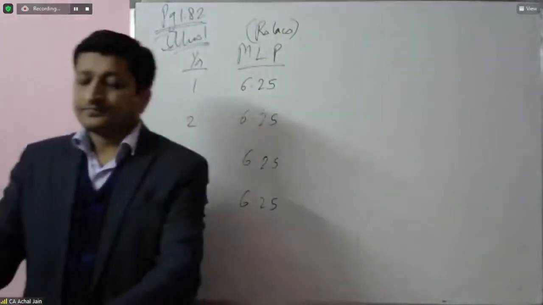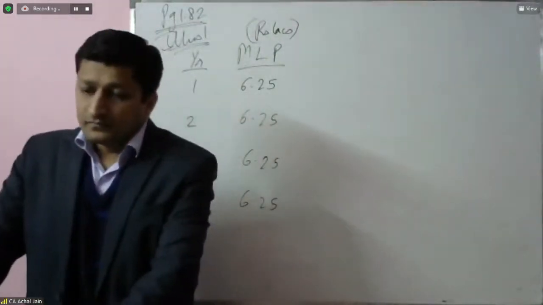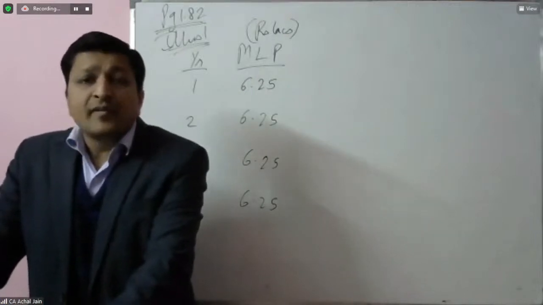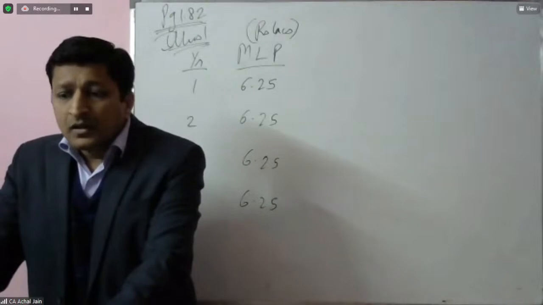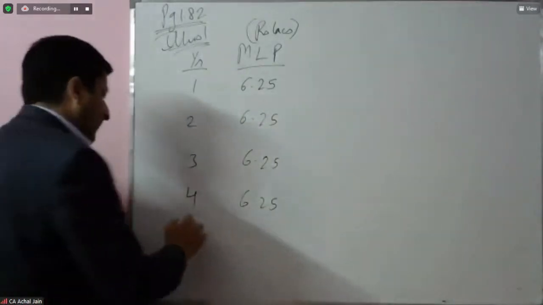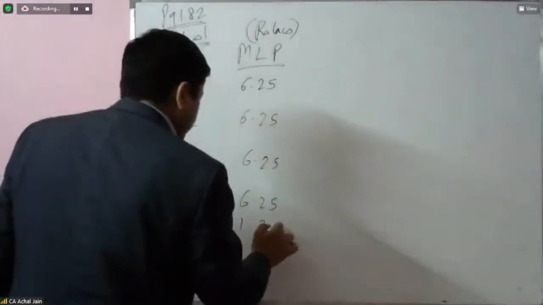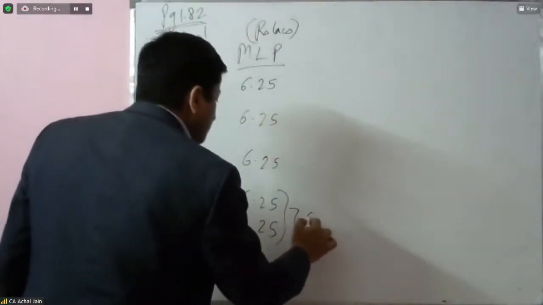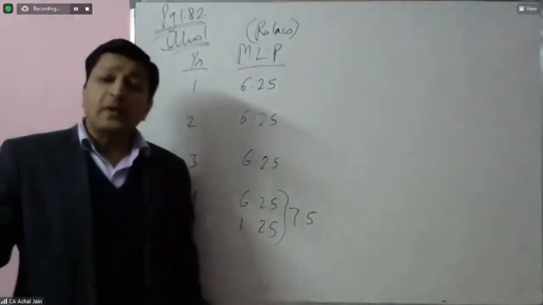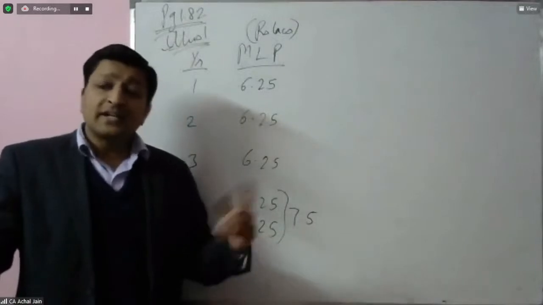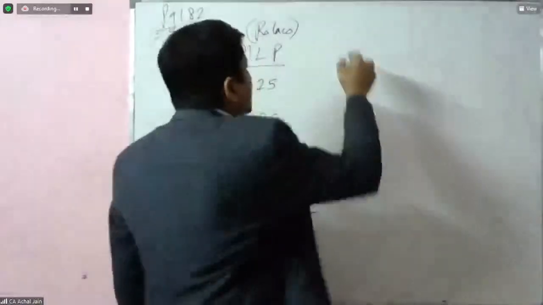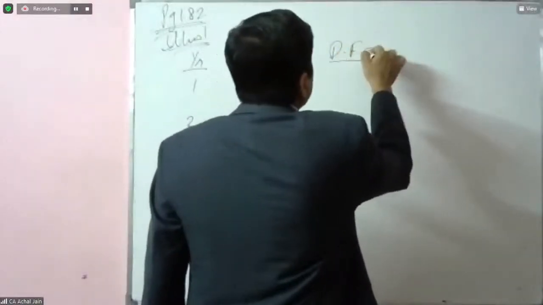But because it's a lessee, that's why we will consider GRV. So 1.25 will add in the 4th year. So you can say this will become 7.5. Correct? This is important because if you were the lessor, you would also take UGRV. And the discounting factor is also available in the question.